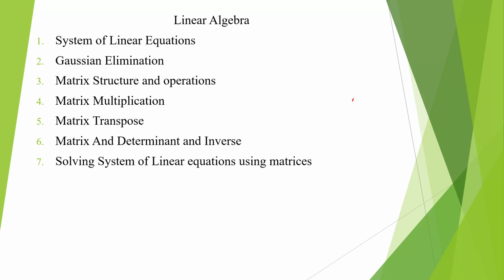And the 7th point, we talk about how to solve a system of linear equations using matrices. For example, when you have a system of linear equations, they don't want you to solve it by row reduction, or by substituting variables, or by subtraction or summation or addition.